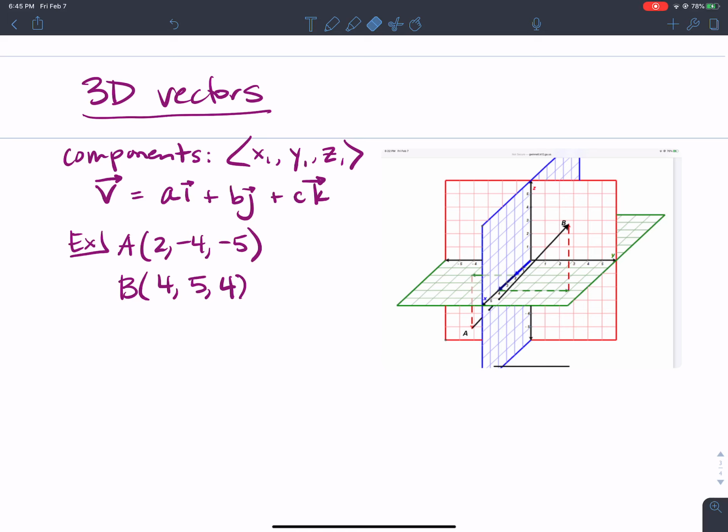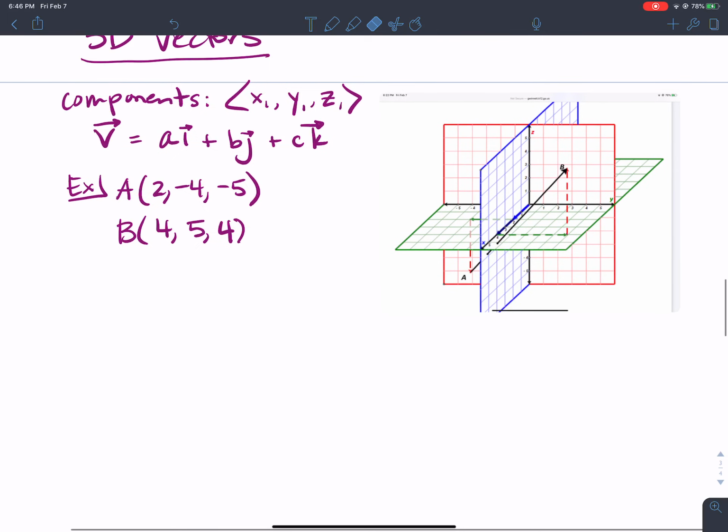I'm guessing. Okay, so if we are going to find out what the vector A to B is on this lovely picture here, from A to B, what we would do then is use that formula that we developed in class the other day, because we can't really draw and make a triangle and do Pythagorean theorem. So that formula for finding the vector A to B would be to do your x minus x, y minus y, and z minus z.